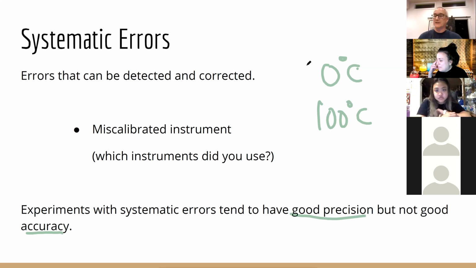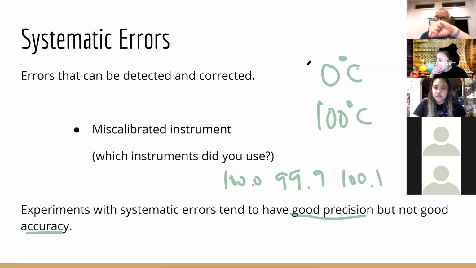Exactly, consistent. So for instance, if I was taking the temperature of boiling water and I got 100.0, 99.9, and 100.1 in 3 different measurements, I would say that was very precise. I was getting very close to the same answer every single time.